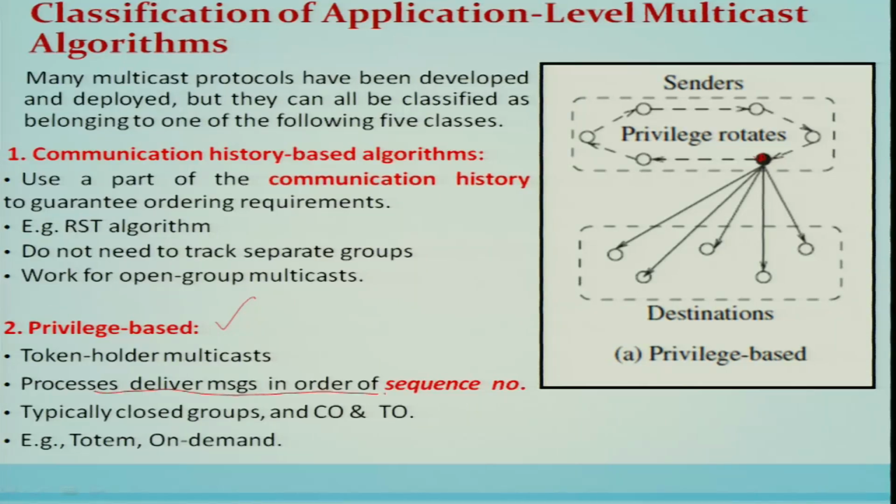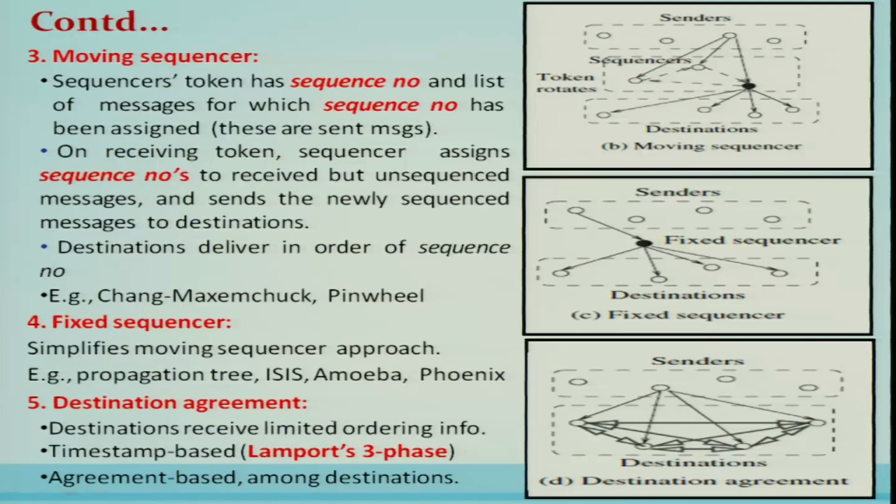The process delivers messages in the order of the sequence numbers. Typically these are closed groups with causal order and total order. There are 2 algorithms implemented based on this classification: Totem and on-demand multicast algorithms.